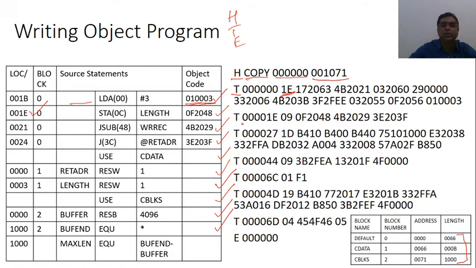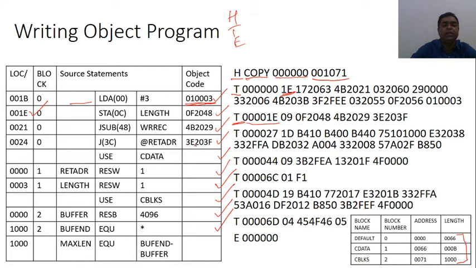Now another text record will start from this address, 001E. So for this text record, first column is T, then the starting address of this text record is 00001E, then the size of this text record. What will be the size? You can see here 1, 2, 3, 4, 5, 6, 7, 8, 9, because after this I am getting the CDATA block.